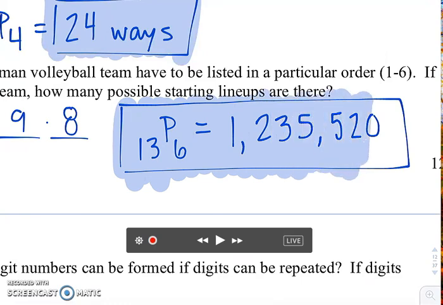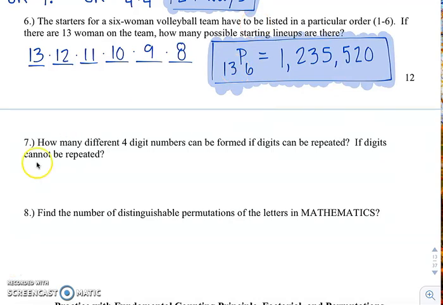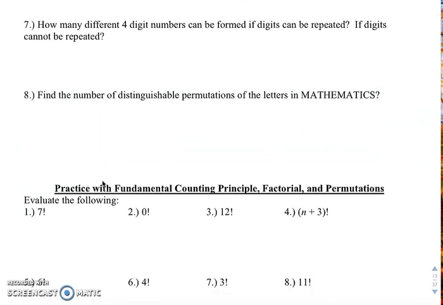So let's flip to the next page. It says how many different 4-digit numbers can be formed if digits can be repeated, and then also find it if digits cannot be repeated. If they can be repeated, let's do that one first.